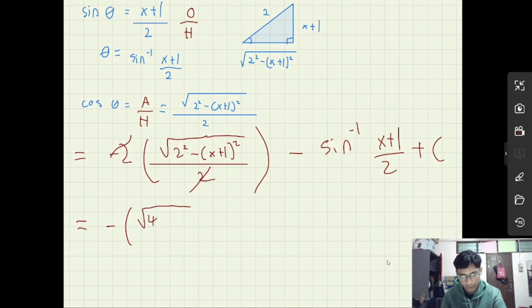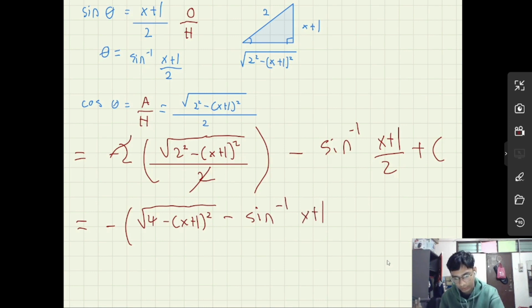So we can just write out x plus 1 equal to minus x plus 1 plus c. Okay, this is the final answer for question 2b.